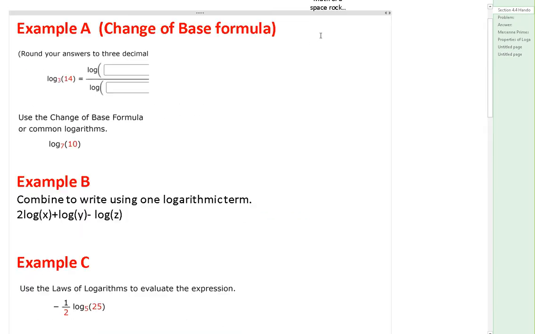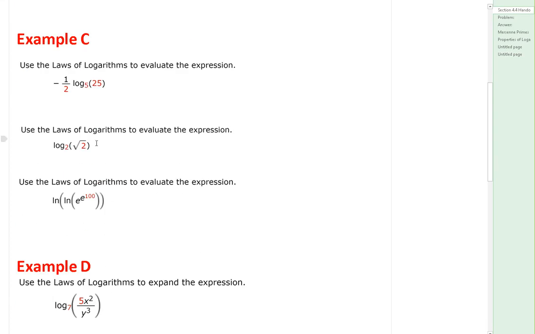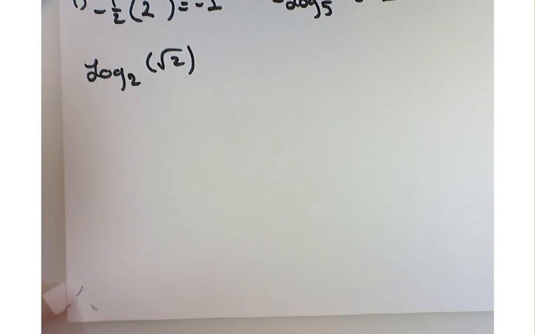Let's keep going. Next one I want to work on is log base 2 of the square root of 2. So this is still part of example C. Log base 2 of the square root of 2. Probably a couple ways you could do this one. Probably a couple ways you can do almost all problems.